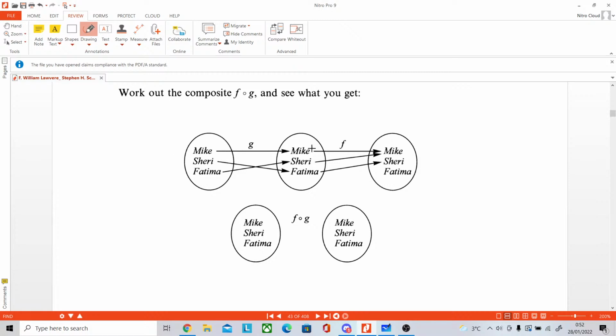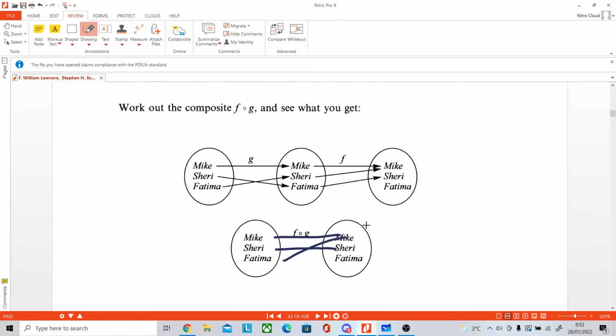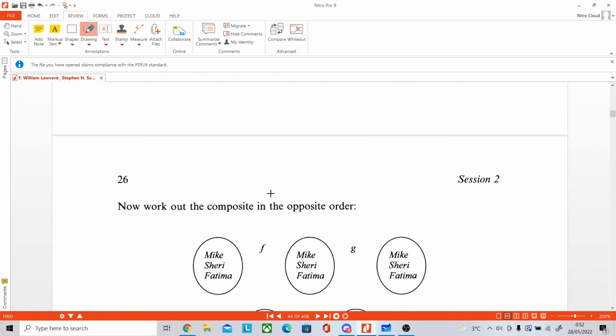Mike goes to Mike, then goes to Mike. Sherry goes to Fatima, goes to Sherry. So Sherry goes to Sherry, Fatima goes to Sherry, goes to Mike, so Fatima goes to Mike. Right. So this is GF. So now this one will be FG.